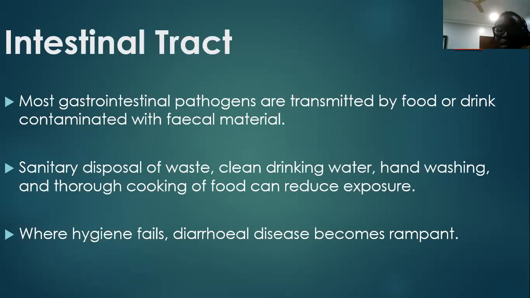So usually the problem with infection in the GIT is when there's insanitary disposal of waste and impure drinking water, hand washing becomes a problem, or food is not cooked thoroughly. So whenever you have hygiene problems, diarrheal diseases would abound.